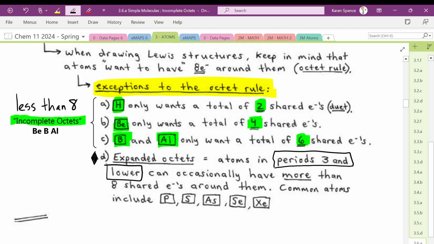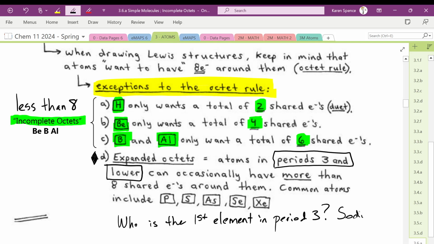Could you guys all please look on your periodic table and tell me who is the first element in period 3? First element in period 3 is sodium.